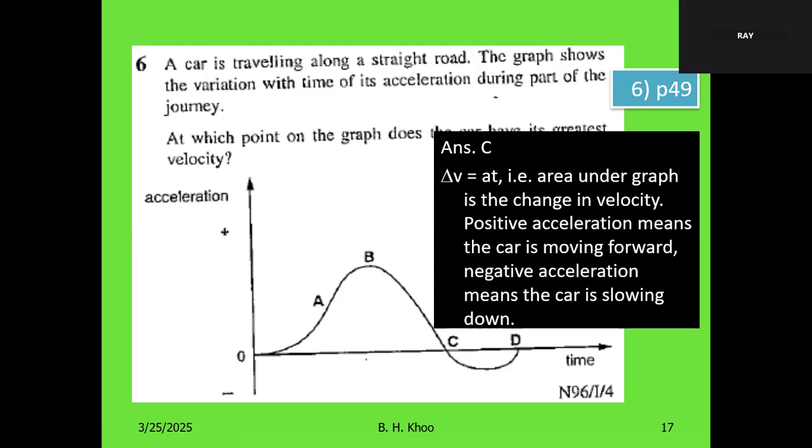A B has the highest acceleration, but it does not mean it's the fastest, right? After C it's decelerating already. That means the velocity decreases already. So C is where the maximum velocity is. B is maximum acceleration. After C is deceleration already because it's negative acceleration, the velocity decreases already.